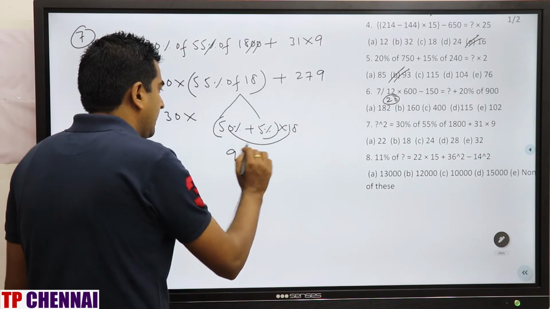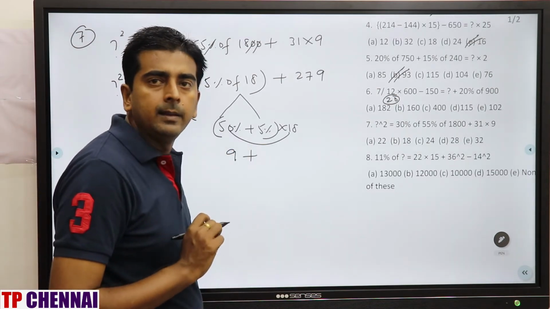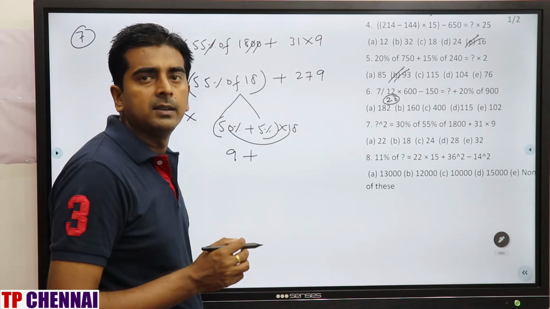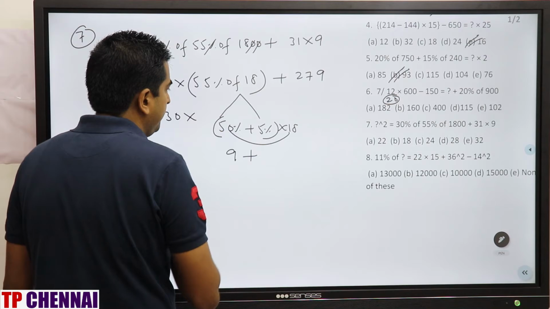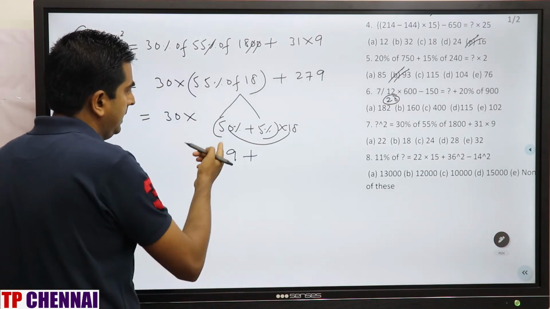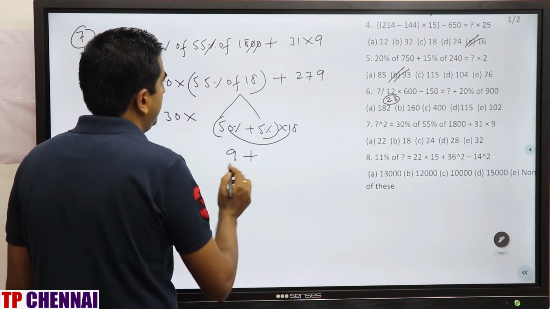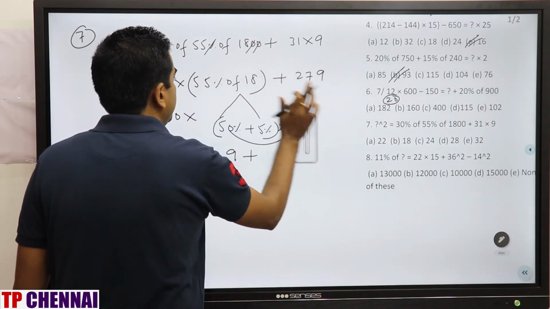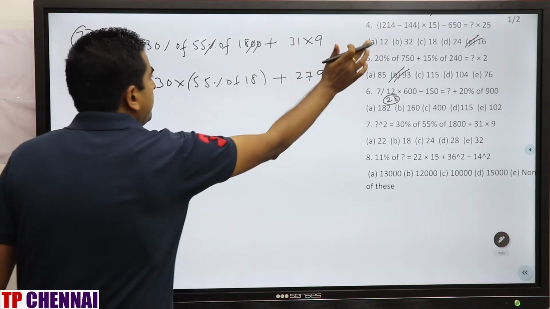Then what is 10% of 18? 10% of it is nothing but how much? 1.8. 5% is how much? 0.9. This is nothing but 0.9 if you divide by 10. So this is 1.8. Or we can simplify directly.